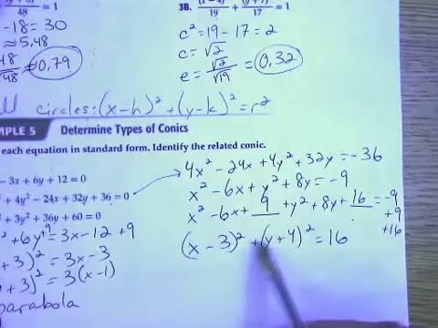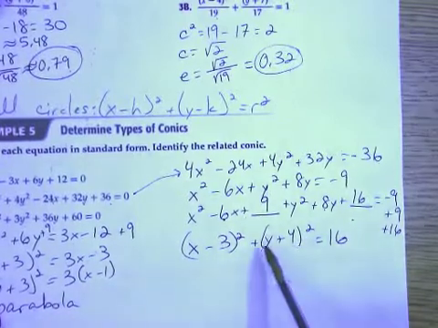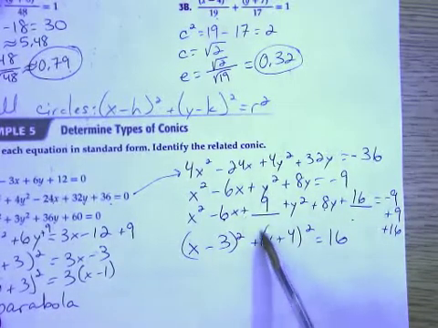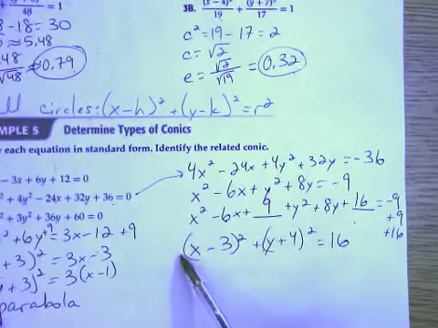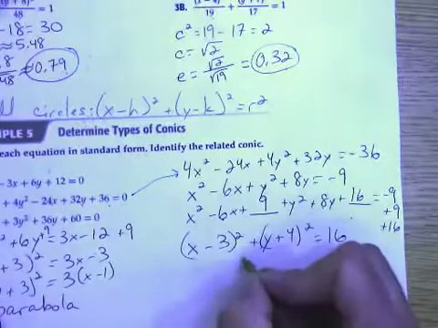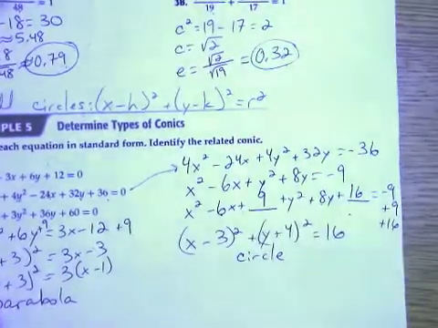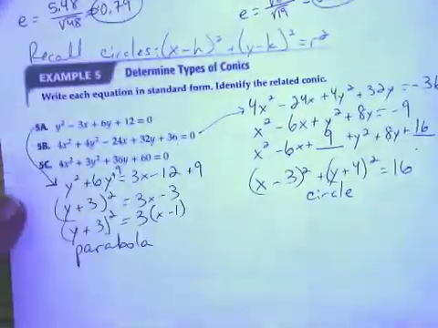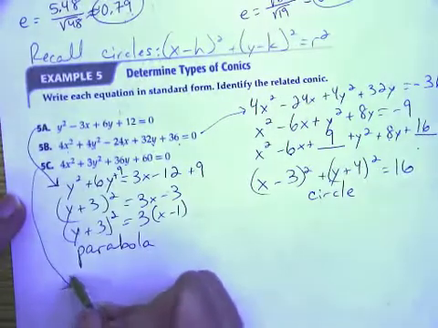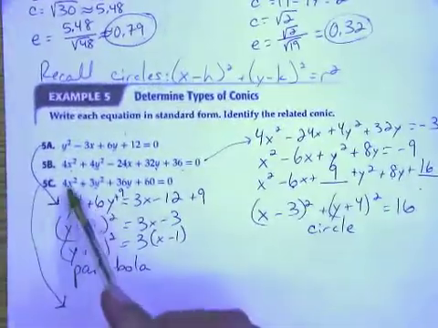And since there's no number in front of either of these, or rather, more to the point, since the number, if we think of that 1 that's there, since that number is the same, this is a circle.